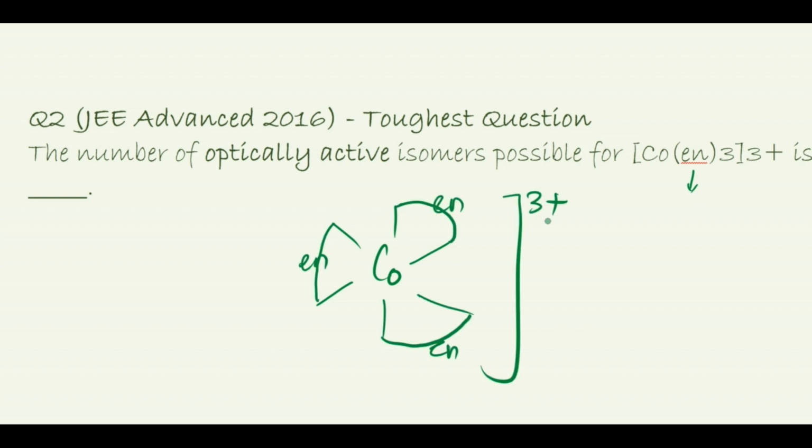So it is an octahedral geometry, and there is no plane of symmetry for this structure, isn't it? Usually in octahedral we do experience some plane of symmetry, but here, since all are bidentate ligands, we don't have any plane of symmetry. So it exists as 2 non-superimposable mirror images. One is the D isomer, another one is the L isomer. So the answer to this question is 2.